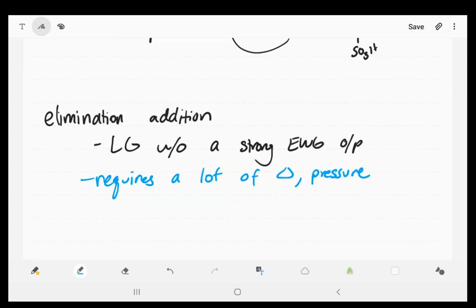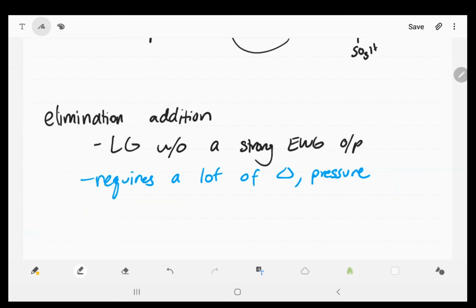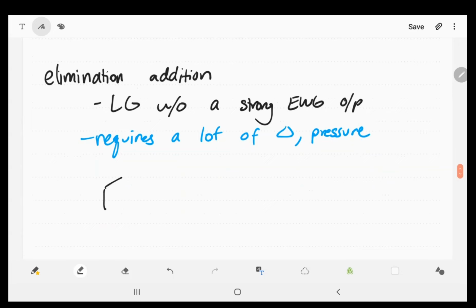So we're going to see that if we just tried this normally, we don't get a reaction to happen, because we don't have that electron withdrawing group to stabilize the Meisenheimer complex.